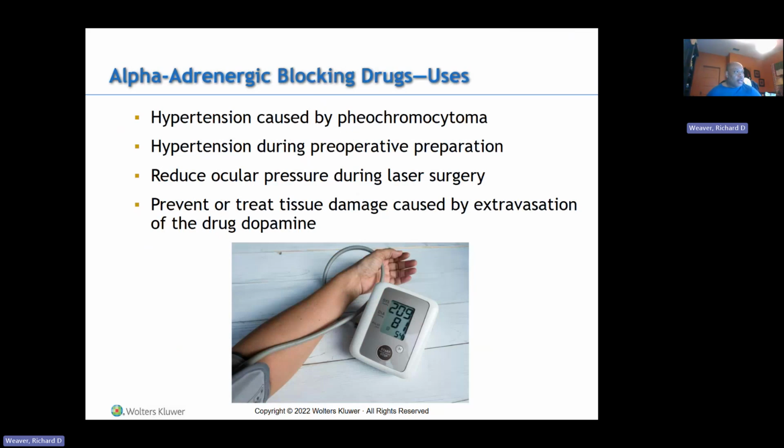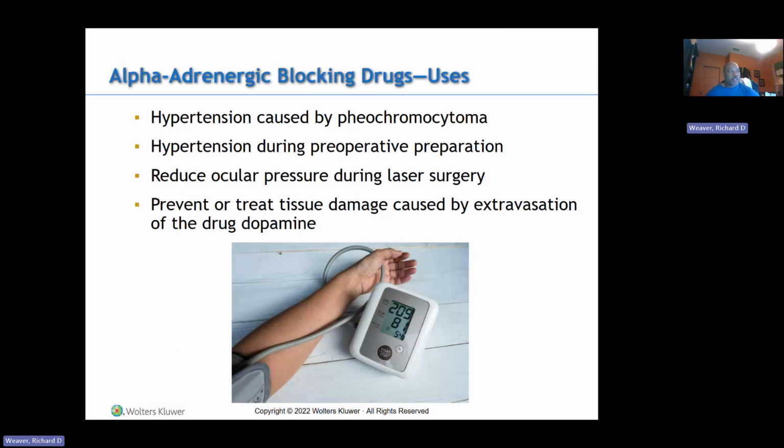Take a look at some of the uses, or why we use this particular drug, the alpha adrenergic blocking drug. We use it for hypertension that is caused by pheochromocytoma. These are tumors that are located on the adrenal gland. All right. Hypertension during pre-op preparations. Sometimes patients become hypertensive and you don't want to take them into an OR with hypertension.